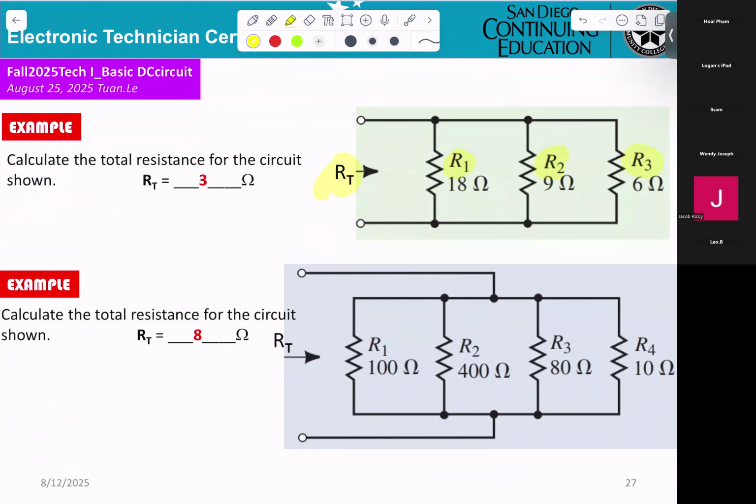You know the formula. You substitute the values into that calculation, and the answer will be 3.